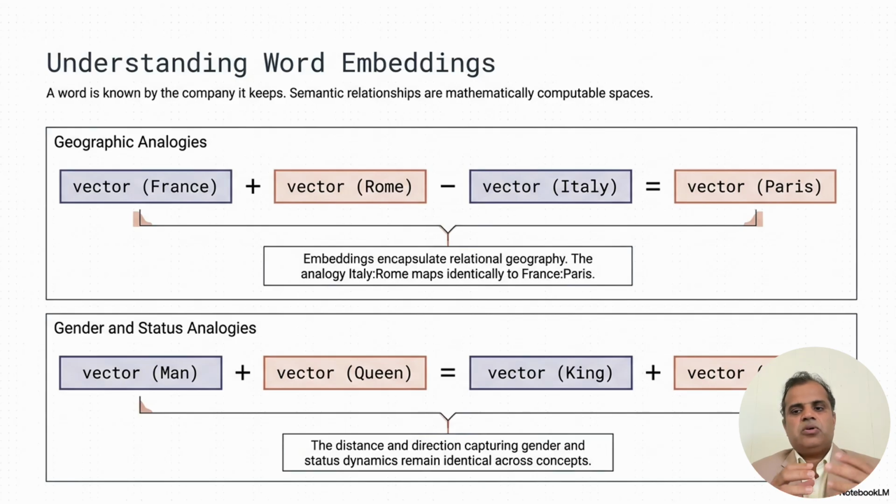This works for geographic relationships too, like France plus Rome minus Italy will be equal to Paris. The model is not just memorizing definitions, in fact, it is capturing relational geography. Whether it is gender status or capital cities, these embeddings encapsulate dynamics that remain identical across different concepts, allowing machines to understand synonyms and antonyms with high precision.